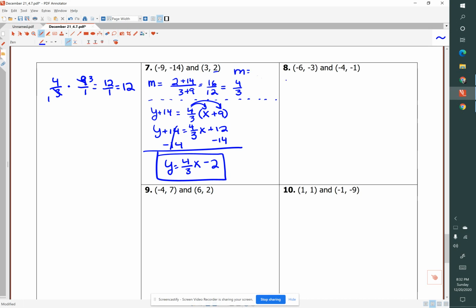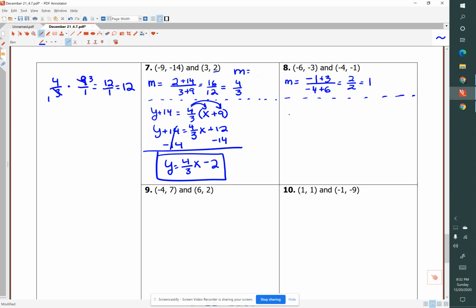Okay, so number 8. First, we'll find the slope. So we're going to have negative 1 minus negative 3, which is plus 3, divided by negative 4 minus negative 6, which is plus 6. That would equal 2/2, which simplifies to 1. So we have a slope of 1.